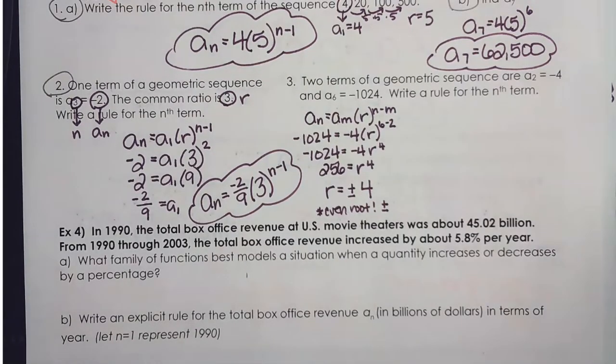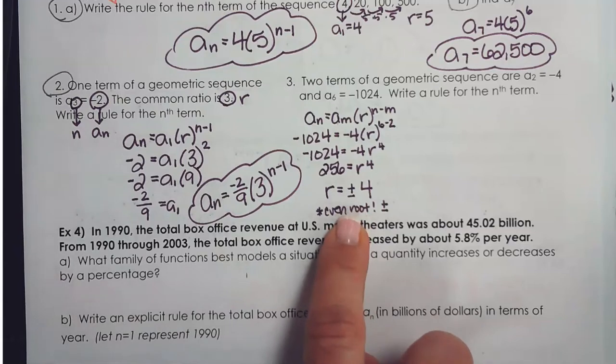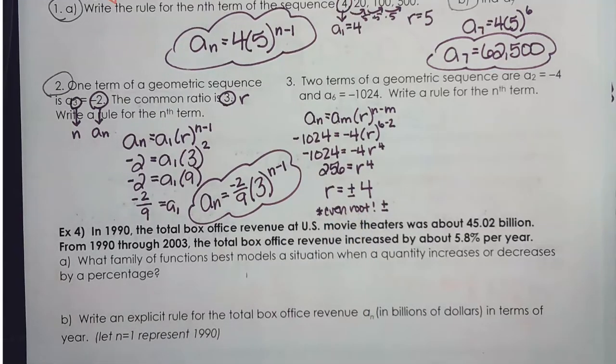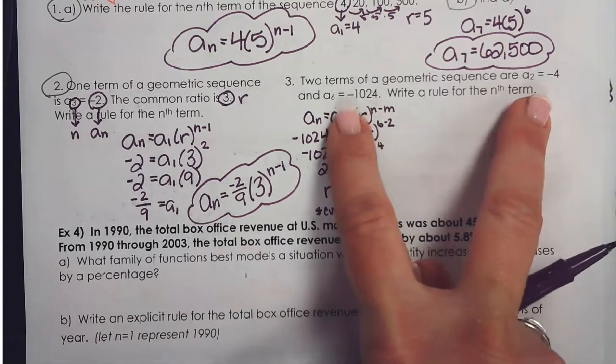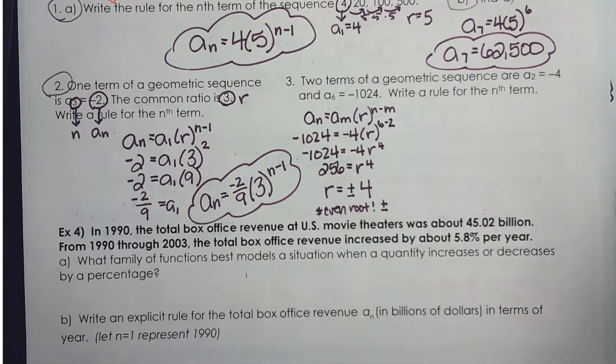So this is, I agree with you, a pain in the butt, because that means that we're going to need to have 2 different possible equations. One when r is positive 4 and one when r is negative 4. It doesn't matter because there was that even amount of spaces between it. We don't know if we were multiplying by a positive or a negative.